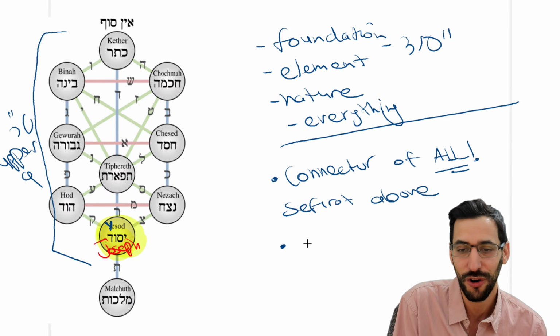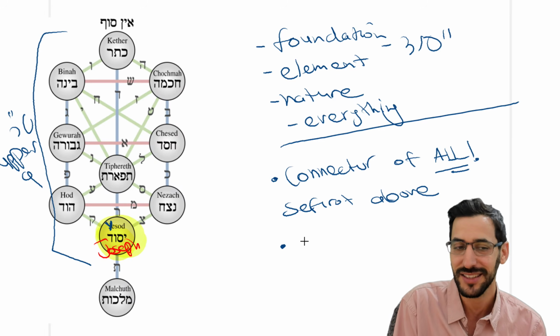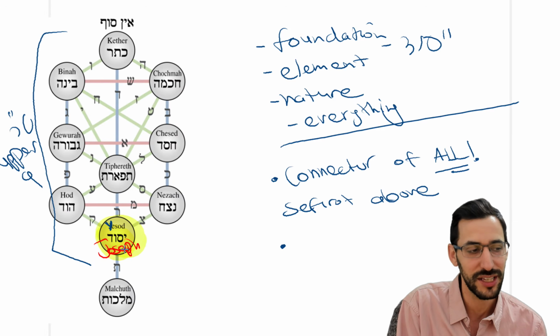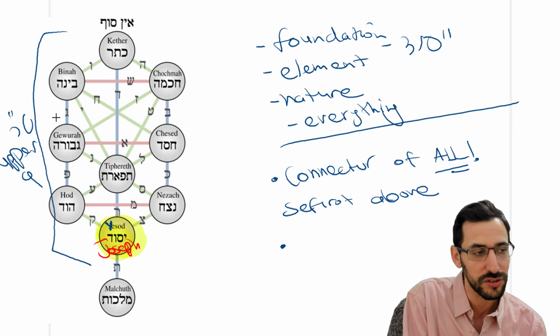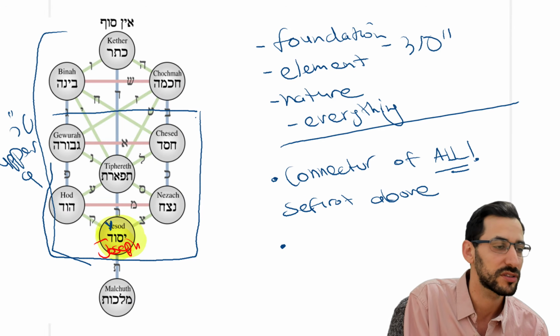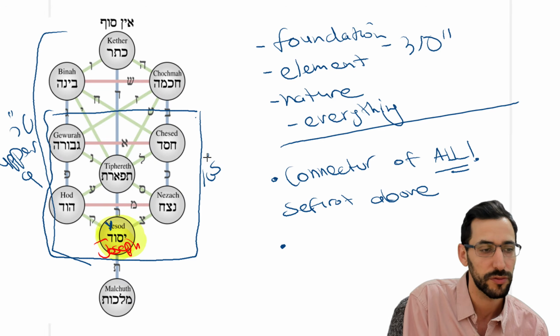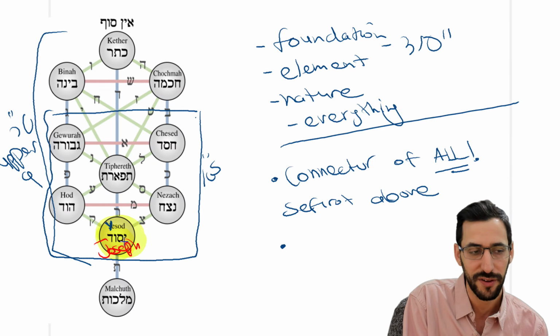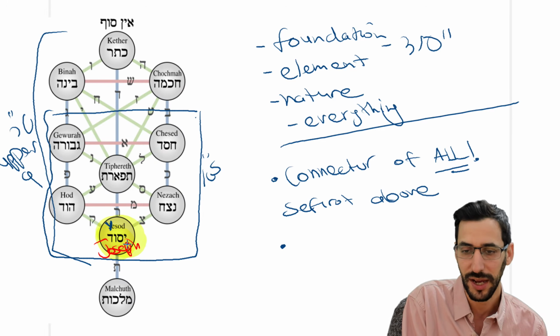It doesn't have any own quality, only the fact that it represents connection between everything. And it's not only the last Sefira of the upper 9, it's also the last Sefira of what we called Zeir Anpin, the small Partzuf. So Keter, Hochma, Bina, Zeir Anpin, and Malchut. So this is the final Sefira of the Partzuf of Zeir Anpin.